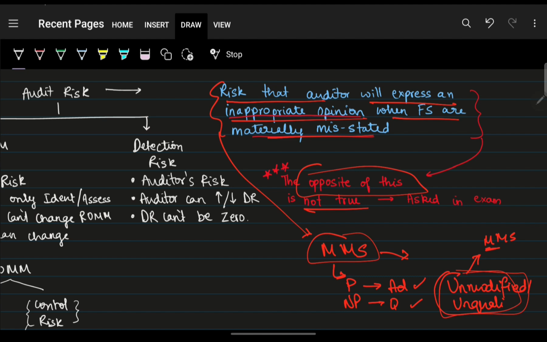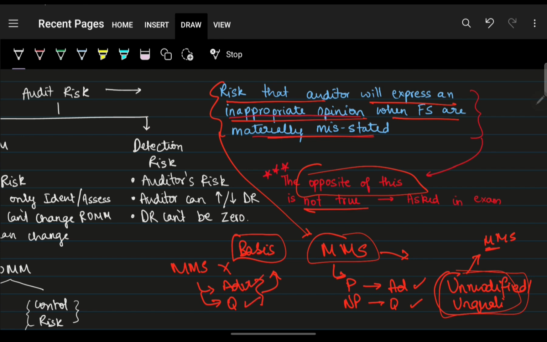Now the opposite of this is not true, because if there is no material misstatement, when the auditor tells that he's going to give an adverse opinion or he's going to qualify the opinion, the management and those charged with governance will come and ask, what is the basis? What is the basis for your opinion? Right. So then the auditor should be able to give a reasonable explanation as to why he's giving this adverse opinion or qualified opinion.